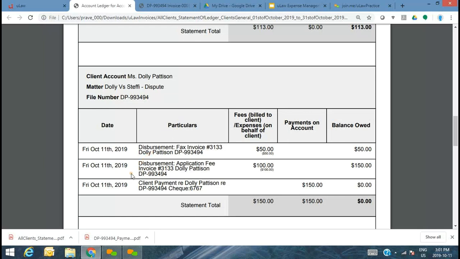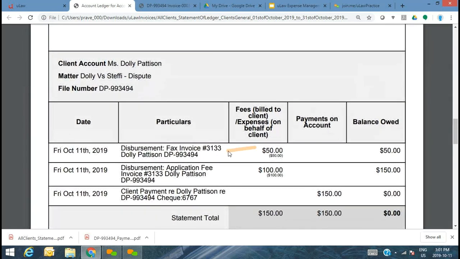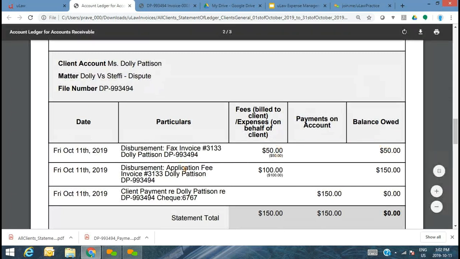And automatically, the legal accounting system, uLaw, generated this templatized, formatted, Law Society compliant document that captures all of the elements that are expected out of a general ledger, which is the date, the particulars of what was disbursed or what were the items. So it clearly tells you it's $50. There were no taxes involved. There's an application fee, which is part of that invoice 3133.